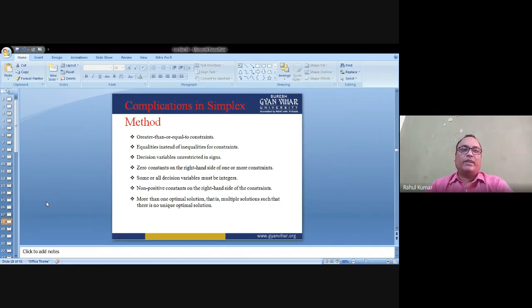These are the complications in the simplex method.